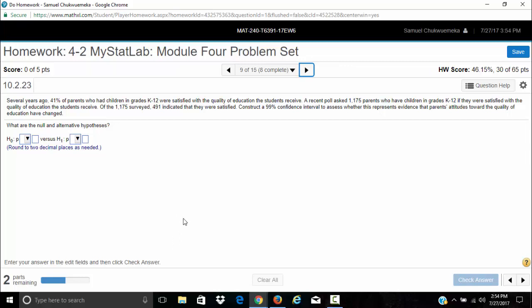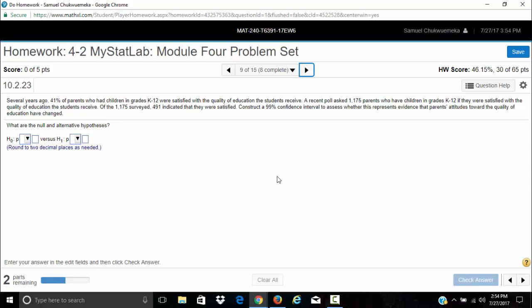All right, so this question is still proportion. We will do it with both my calculator and also with StatCrunch. Several years ago, 41% of parents who had children in grades K through 12 were satisfied with the quality of education the students receive.